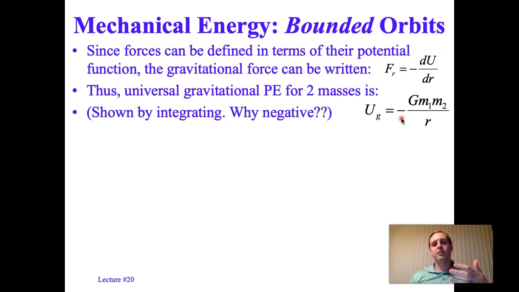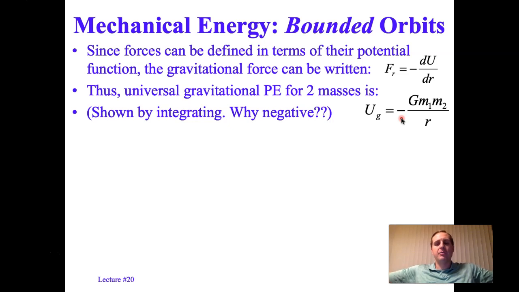Now earlier in the class, I said you can set the zero value for the potential energy. You are free to choose where it is. However, in this case, someone is just telling you where it is. It's when the objects don't interact. When they're very far away, the gravitational potential energy should be zero, because they're not interacting via gravity.